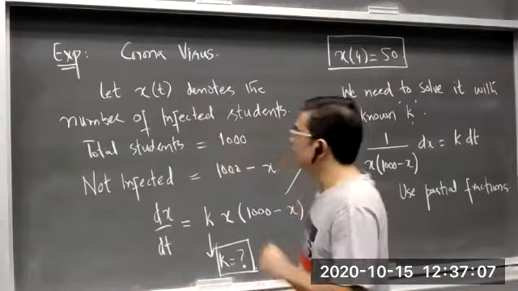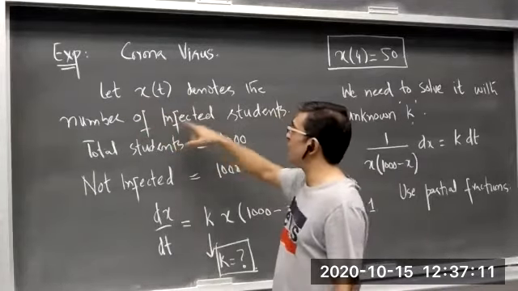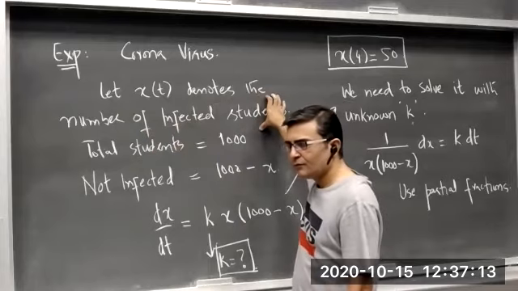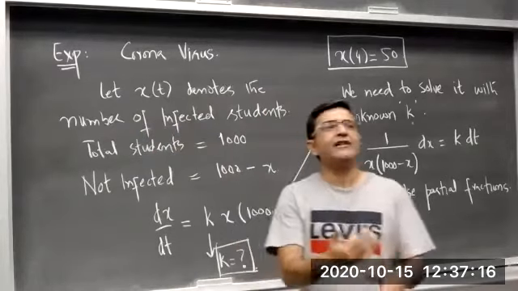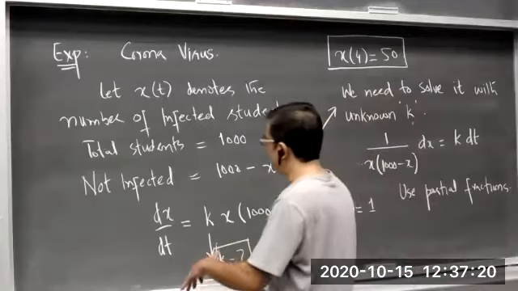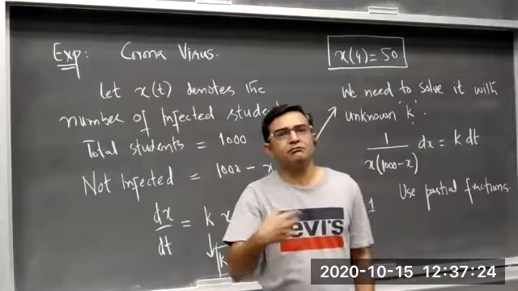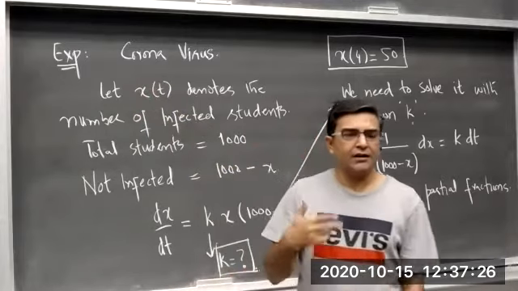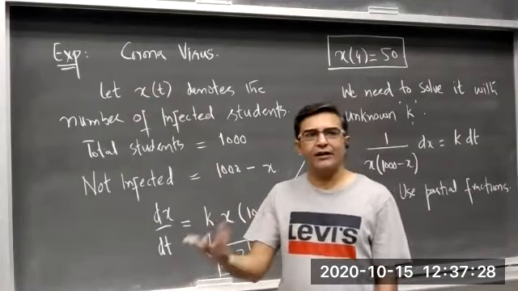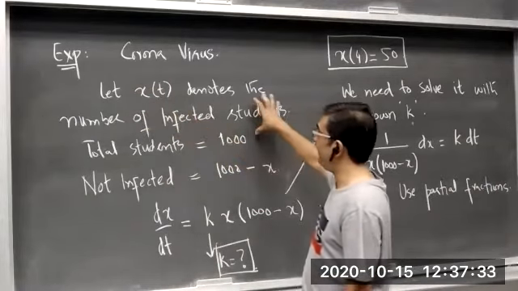We let x of t denote the number of infected students who are being infected day by day. So only one student came back with that virus, and definitely after a few days, day by day, the infected students will increase. So we assume here, let x of t denote the number of infected students.